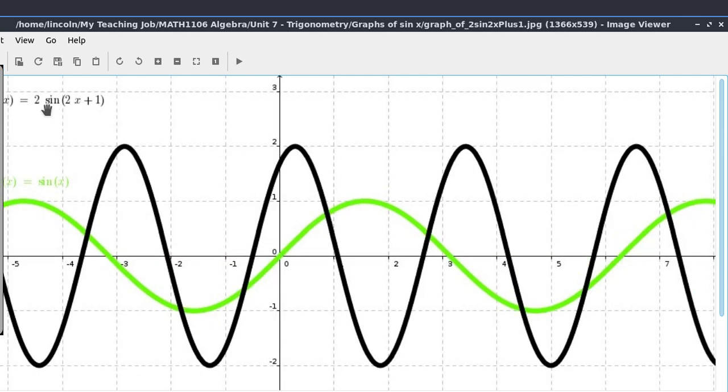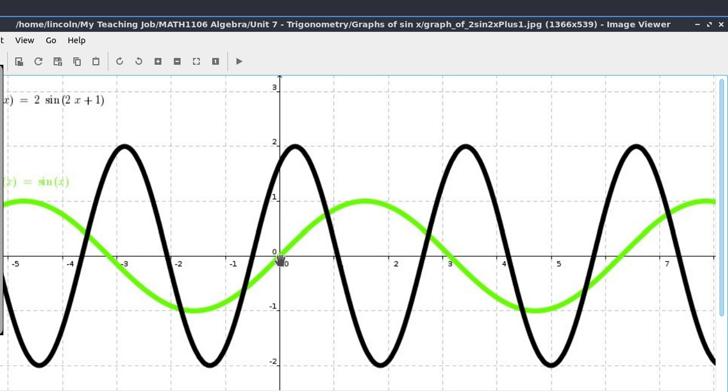Here, we have doubled the amplitude from 1 up to 2, so it's twice as high. We had also doubled the frequency, 2x.